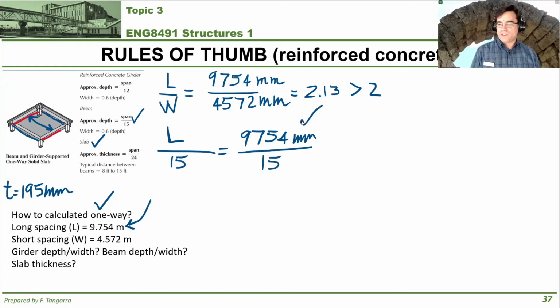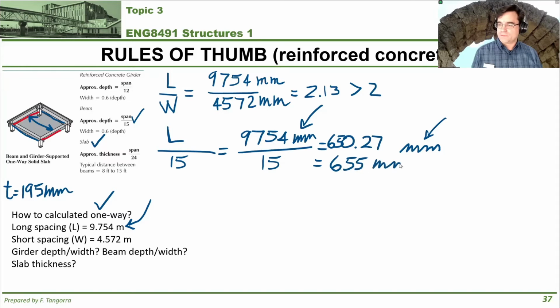And whatever units I use here are going to be the units I get in terms of the depth of my beam right here. So 9,754 divided by 15, best 2 out of 3 times, I obtain 650.27 millimeters. And when we round up to the nearest 5 millimeters, that's 655 millimeters.